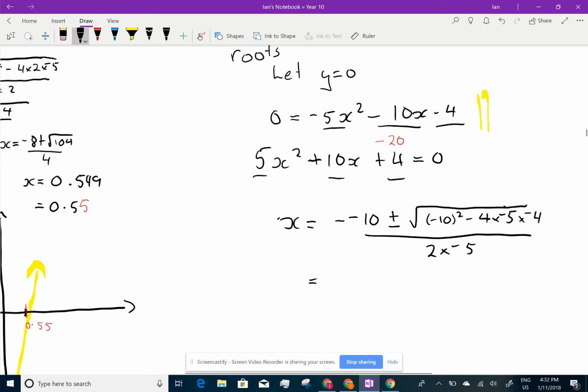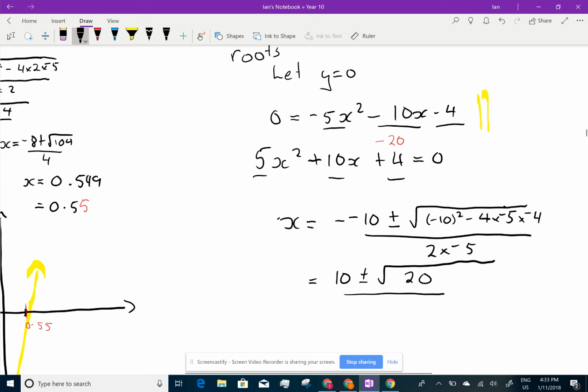And what do we get? Well, we get 10 plus or minus the square root. Now do this on your calculator. And because you've got 3 negatives there, put your negative 10 in brackets when you square it: negative 10 squared minus 4 times negative 5 times negative 4, 20.